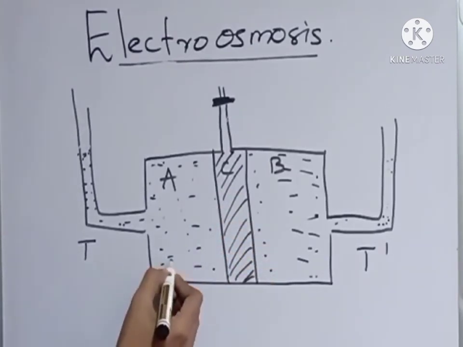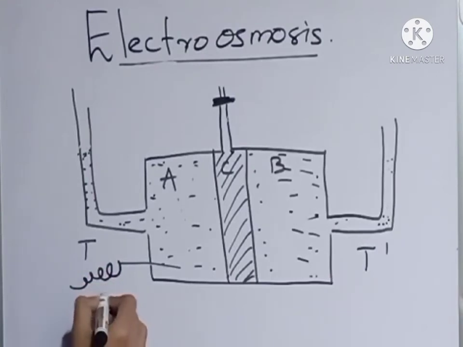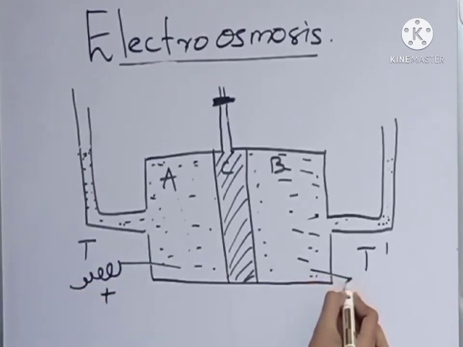Then these two sections A and B are connected to an electric field, positive and negative.